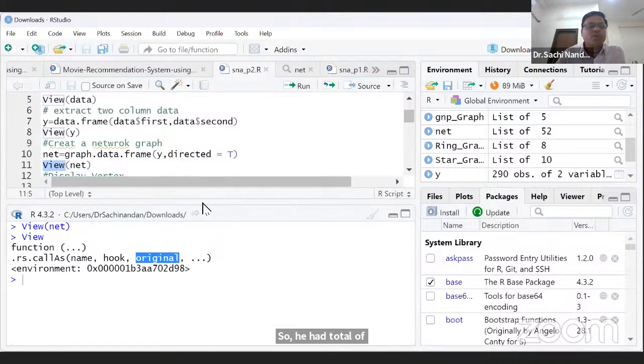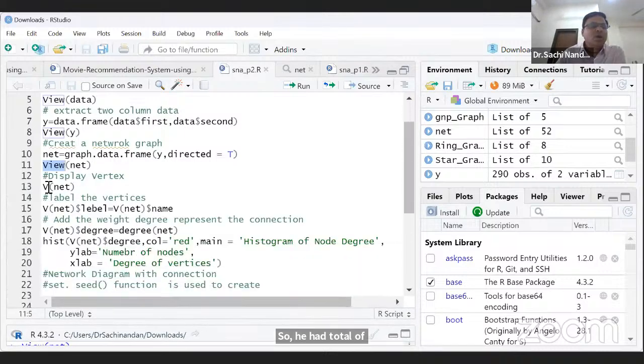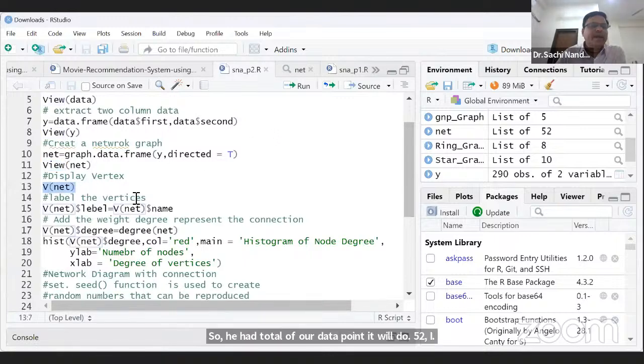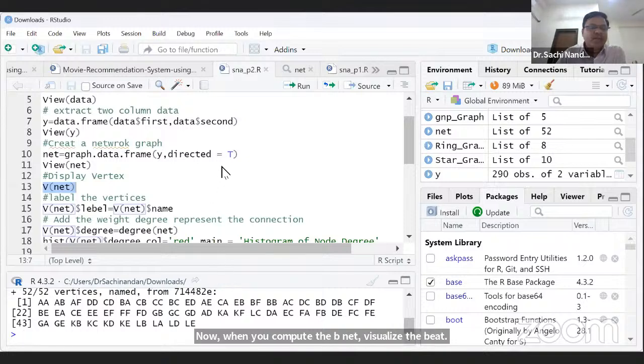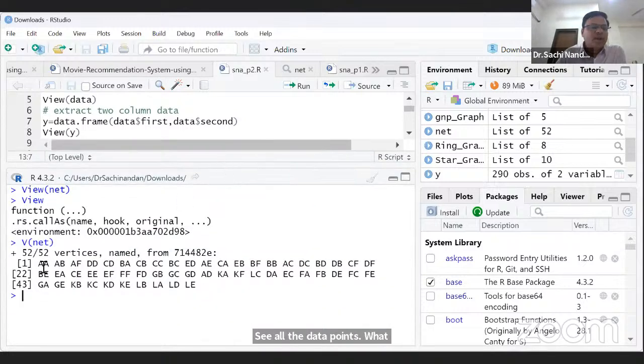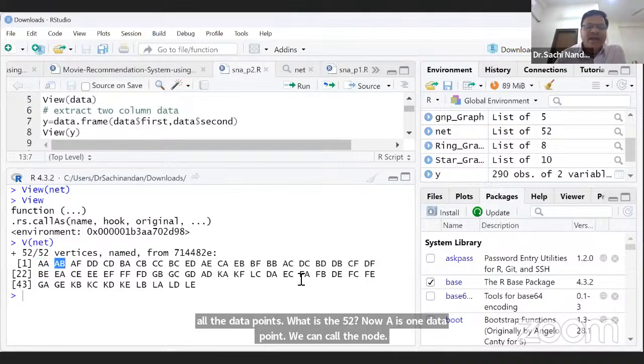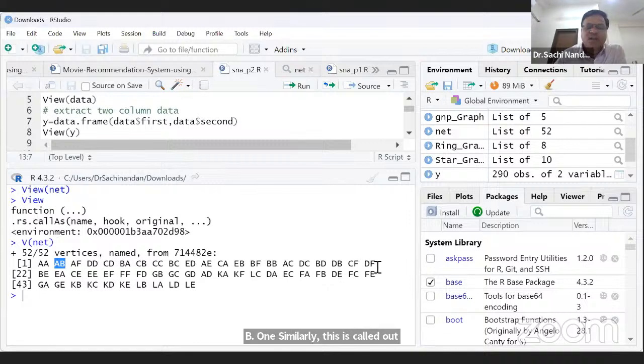I have to compute it, right? When you compute V of net, you visualize all the data points. So what are the 52? AA is one data point, we can call it a node. AB is one node. Similarly, this is the 21st, this is the 22nd, this is 43, 44, 45, 46, 47, 48, 49, 50, 51, 52. So this is my 52. So 52 data points are there.